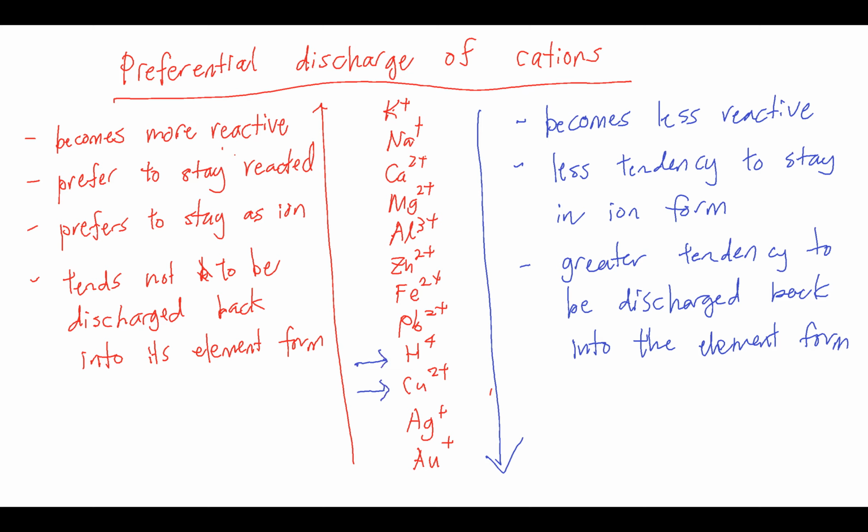In this case, the copper ion will be discharged. However, if we were to have an aqueous solution of magnesium ions, then we are comparing the magnesium with the hydrogen ion, in which case the hydrogen ion will be discharged and the magnesium ion will not be discharged.